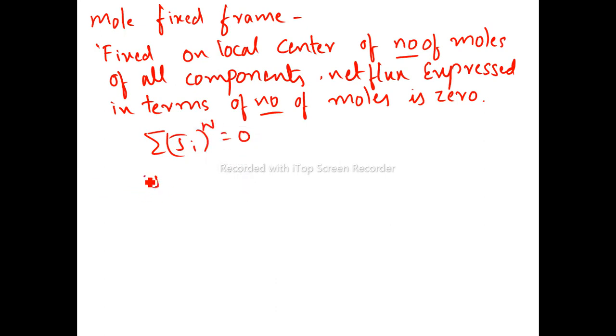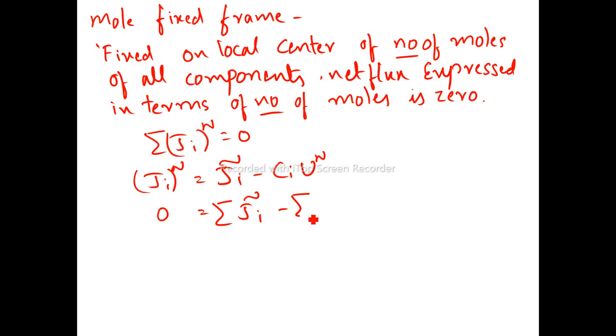So from the definition, the basic equation is equal to Ji tilde minus Ci into Un. Then from the definition, this is directly 0, adding summation of Ji tilde, summation of Ci into Un.